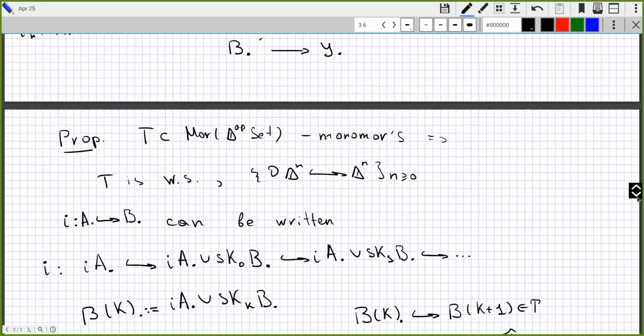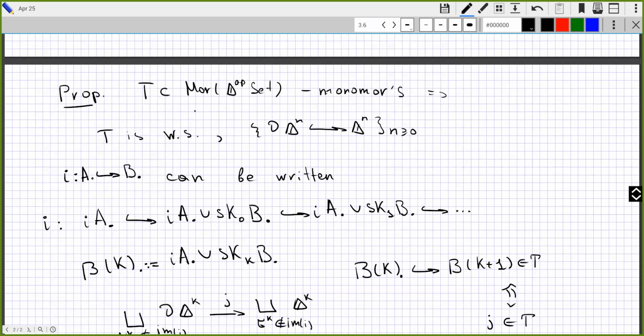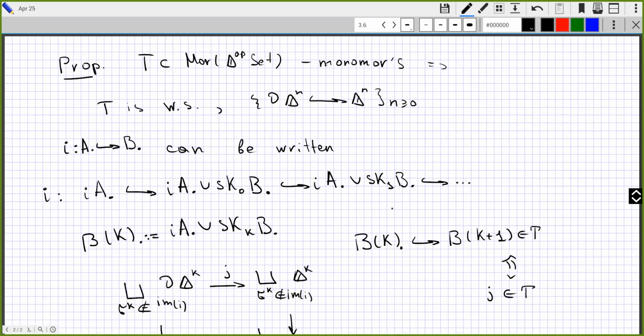Let's recall. This collection of monomorphisms in simplicial sets is weakly saturated and generated by inclusion of boundaries. That's essentially what we've proved.